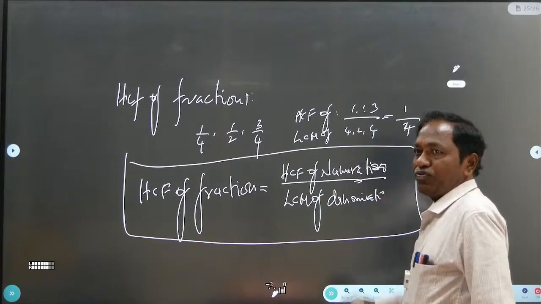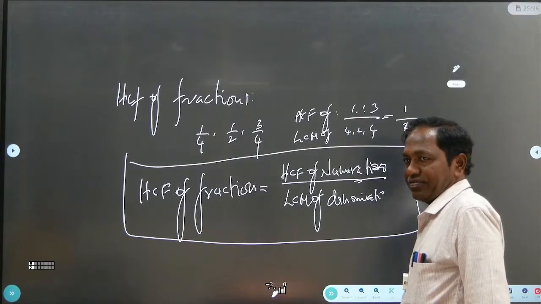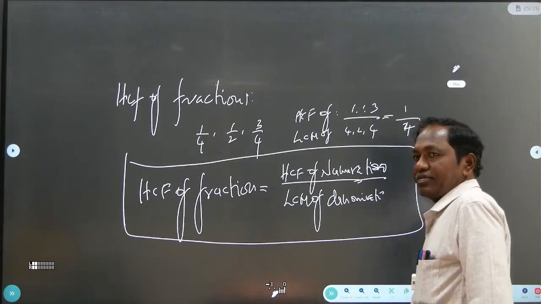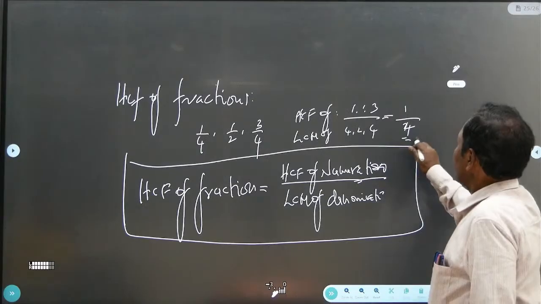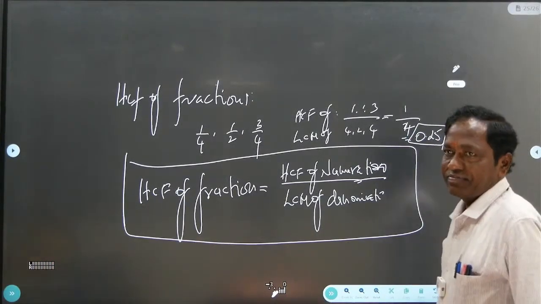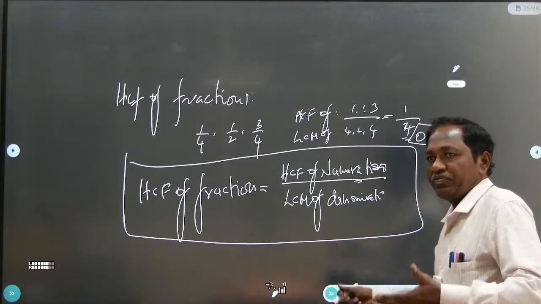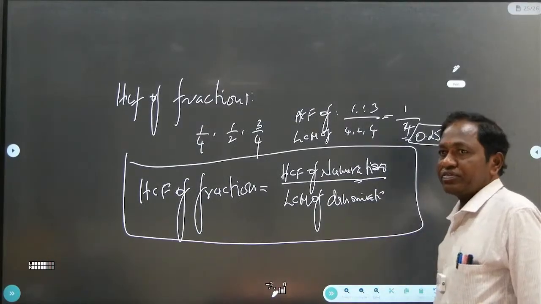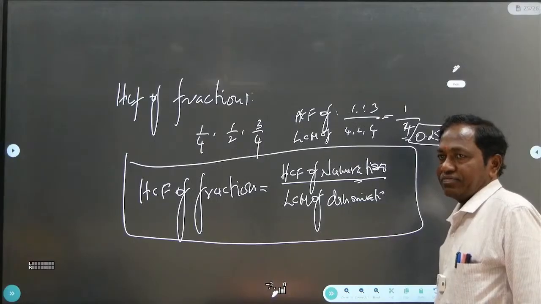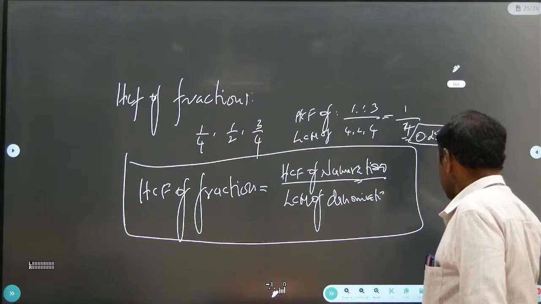LCM of 4, 2, 4 is 4. 4 is the largest number. It means the answer is 1 by 4. 0.25 also can be written, if you want, based on the options given. Otherwise 1 by 4 is the answer. Yes.